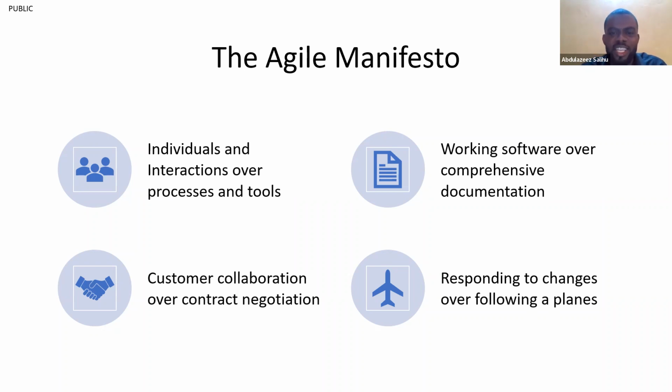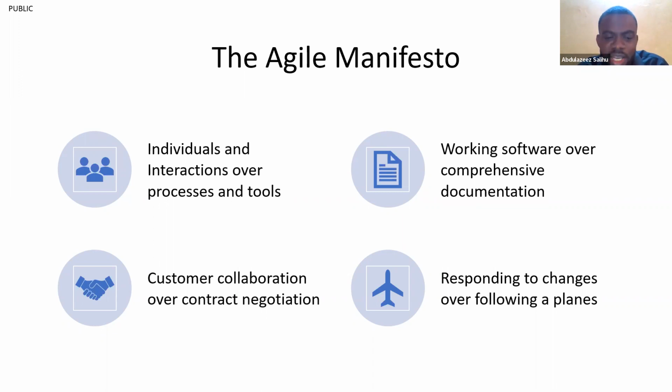These manifestos in themselves need to be further broken down. When you look at the manifestos, it's hard to really see how this affects the customers. The manifestos are closely related or correlated to the Agile principles.